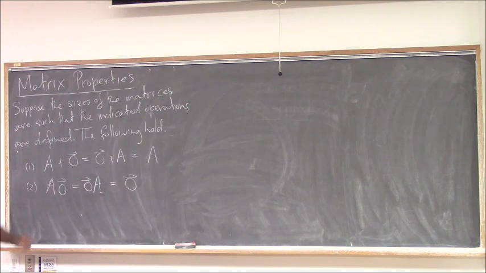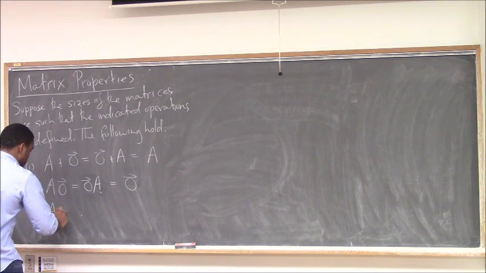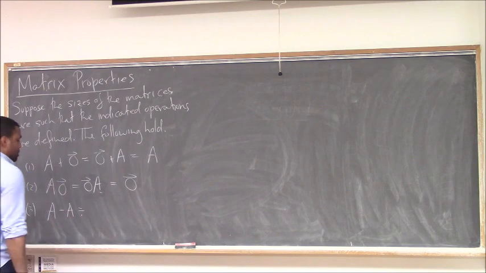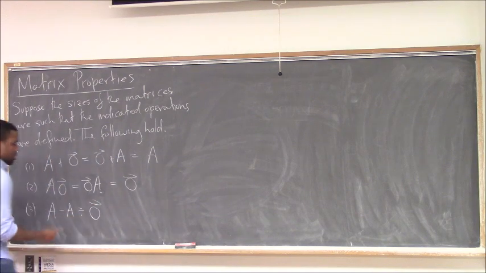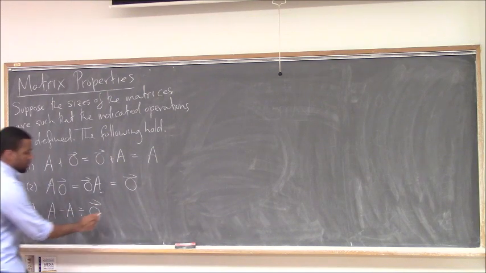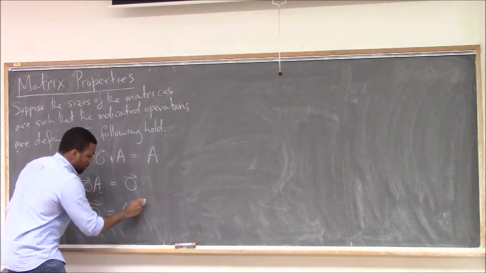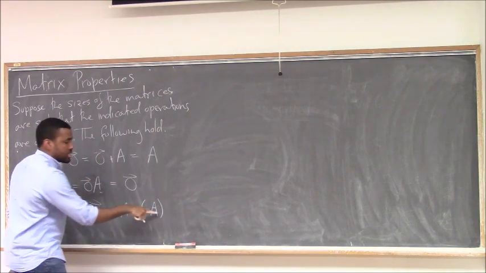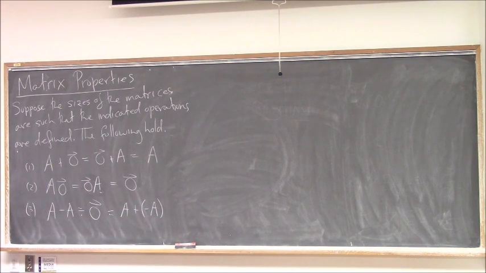So you have to be careful with the dimensions. But I don't want to write down all the subscripts, so I'm just going to tell you some ideas you can apply in general. A minus A equals 0. Minus A is just the matrix, which you interpret as a scalar multiple of A, which we've defined before. Just take the negative of all the entries in the matrix.